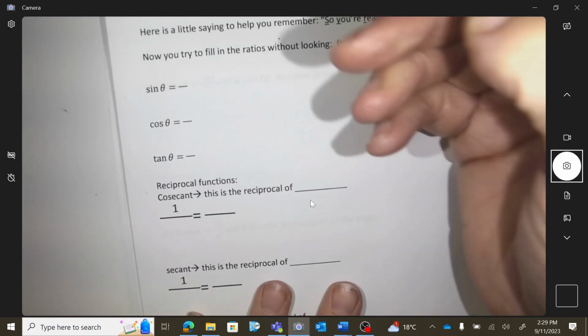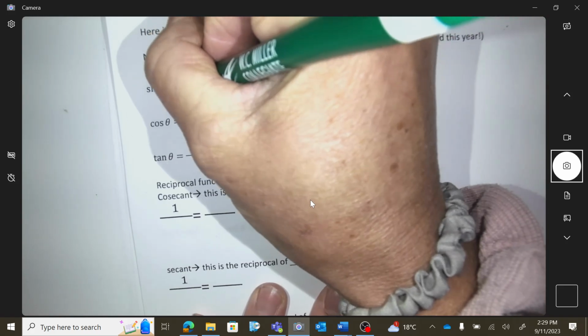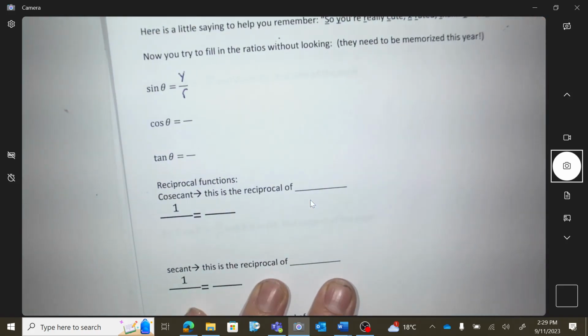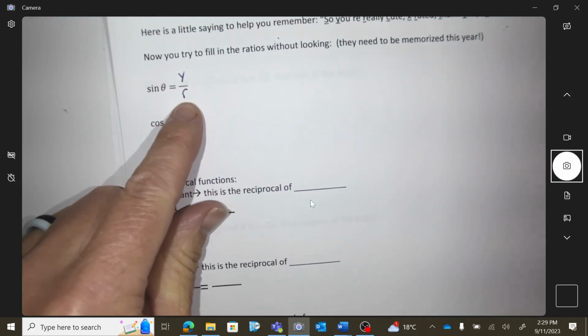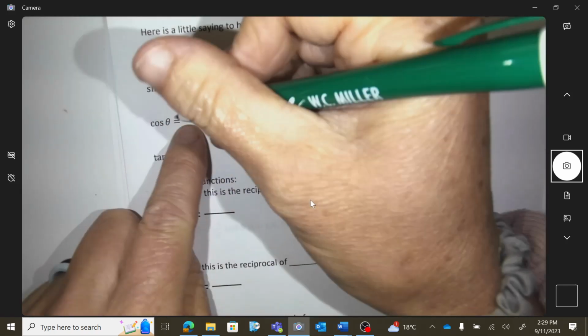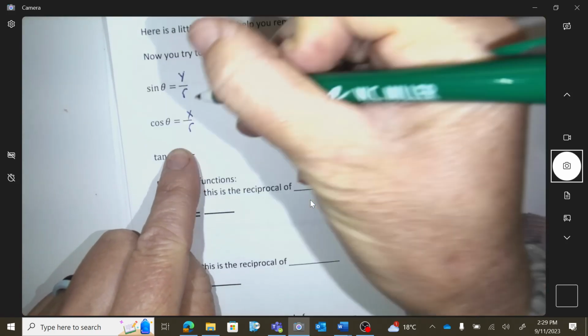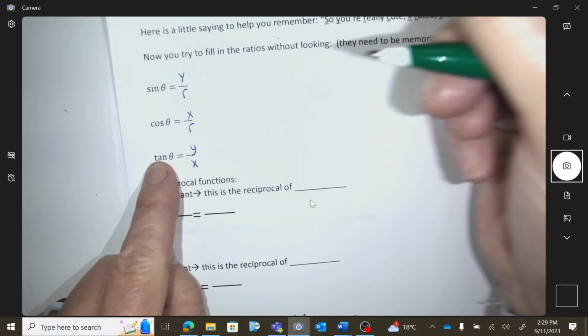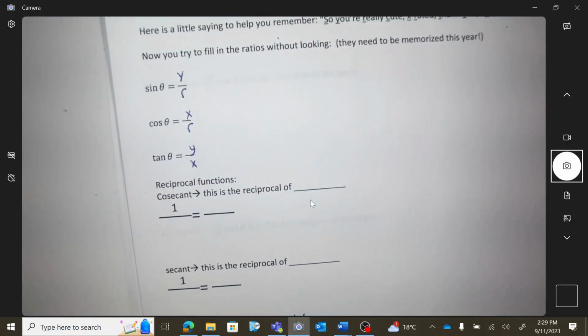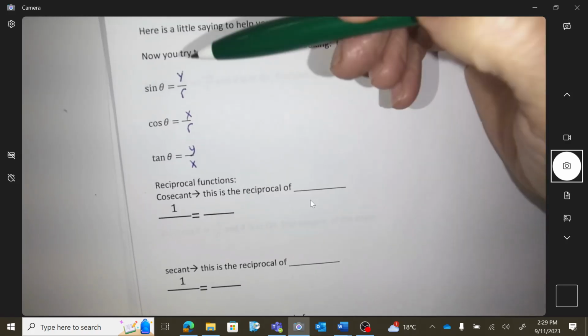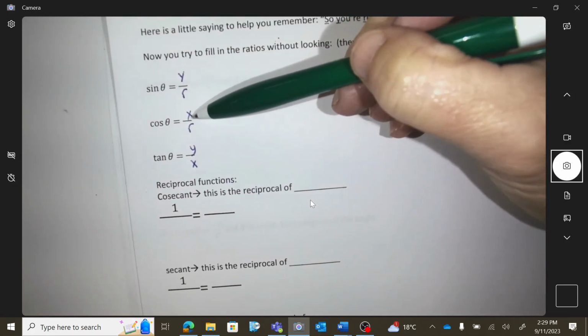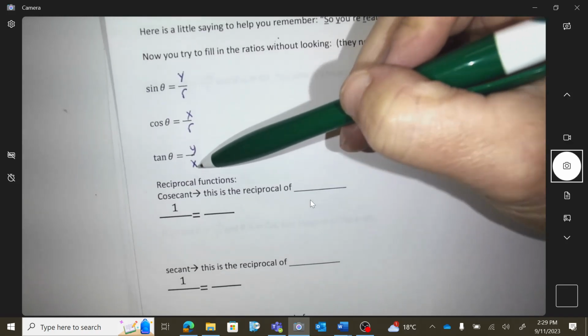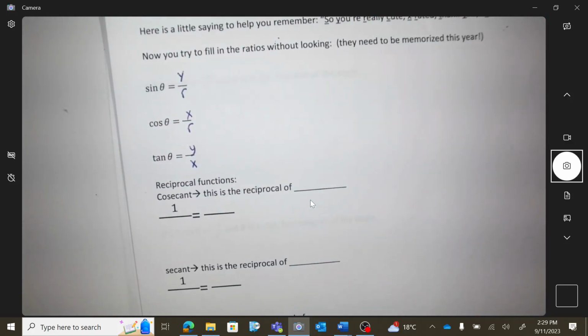So sine is y over r. So you're really cute. X-rated. Thank you, excellent. Okay, it's also the same as opposite over hypotenuse, adjacent over hypotenuse, opposite over adjacent. That's all last year.